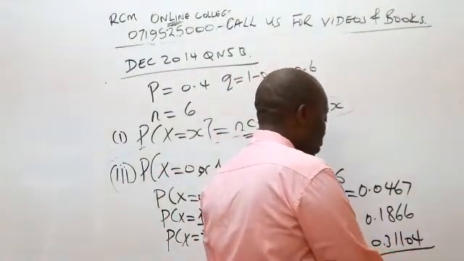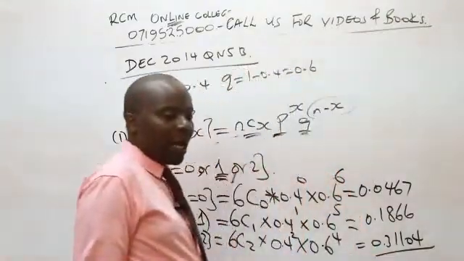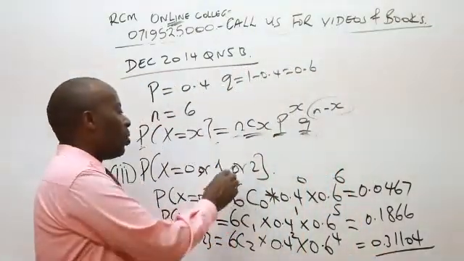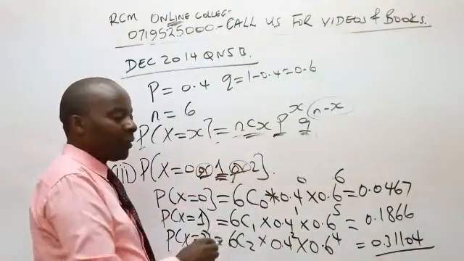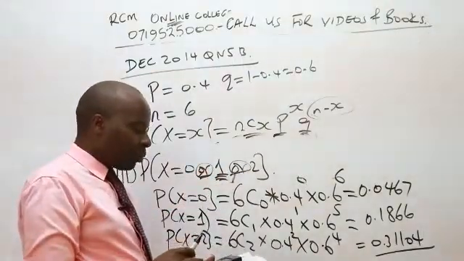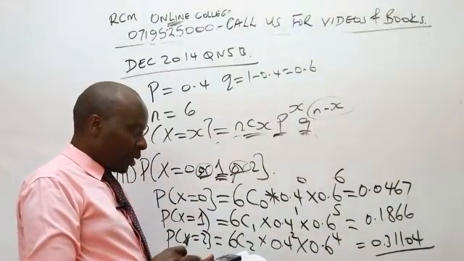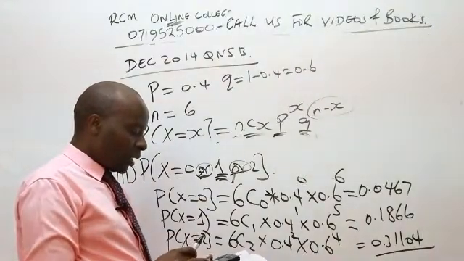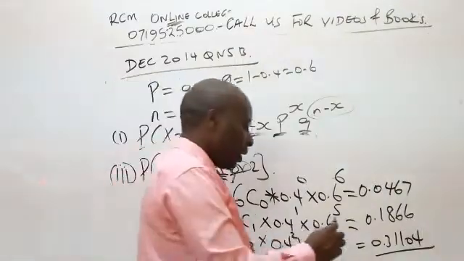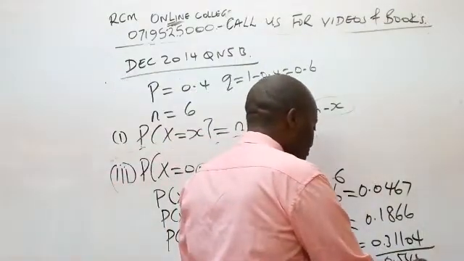0.31104. So what you need to do is give us the total, because or means you are adding. So please add: plus 0.1866 plus 0.0467. So please give us a figure here, which will be 0.54434.